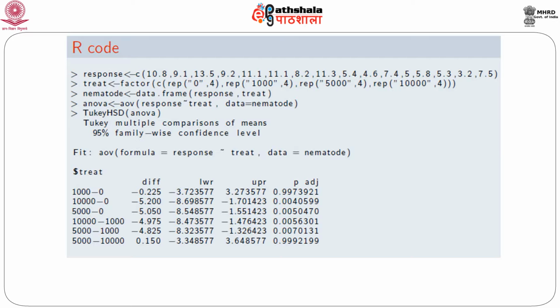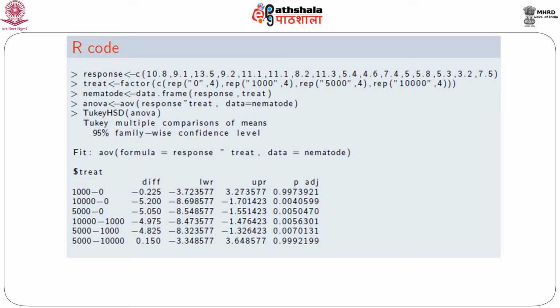Response tilde treat is R's way of specifying the model, which basically means that response is the output and it is approximately related to the input treatment. It is only approximate because of the presence of noise in the real life data. And data equal to nematode means the variables response and treat are coming from that data set.